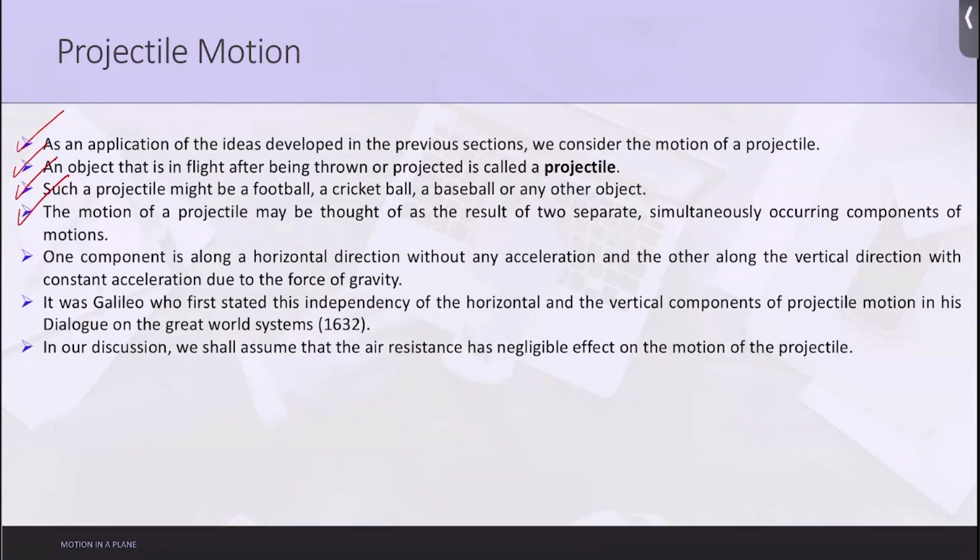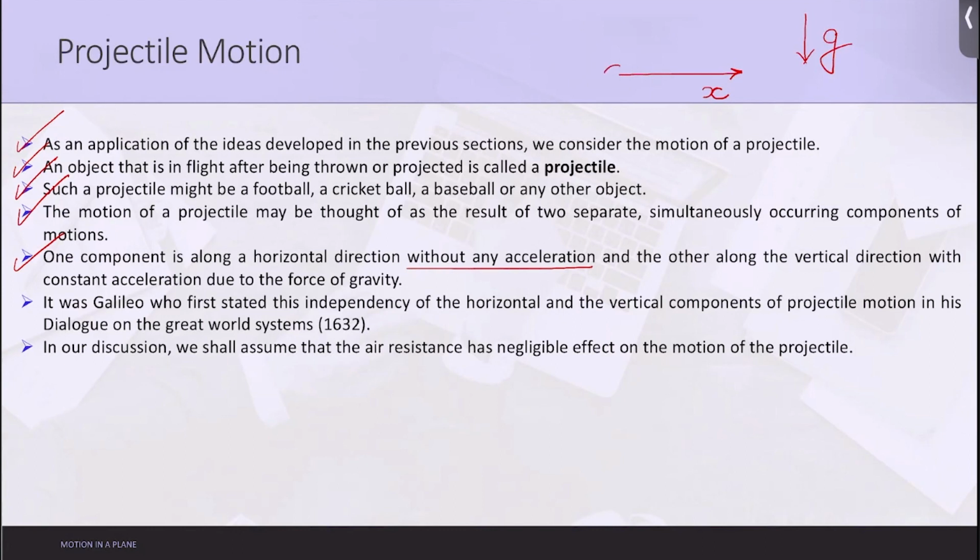So one component is along the horizontal direction, quite evident. One is along this direction, that is x, which is without any acceleration. Quite evident, because we know that the only acceleration being put forward is in this direction, which is g.